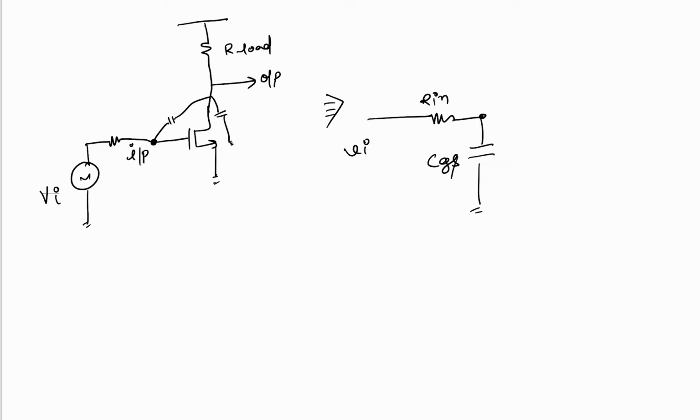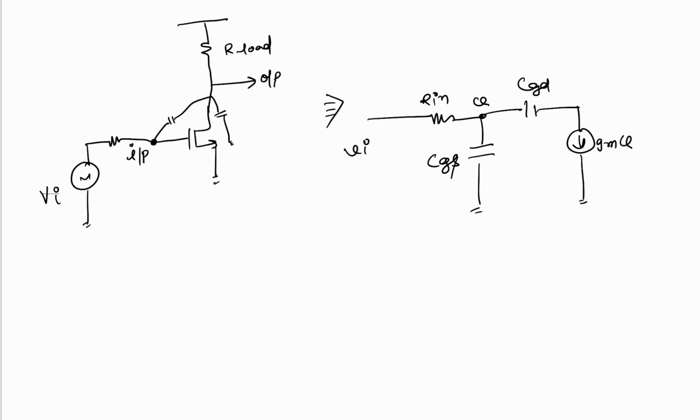There is one cap, CGD, which provides a direct interaction from input to output, and the other path is through the MOSFET, which is a current source of GM times V, where V is the voltage at this node.